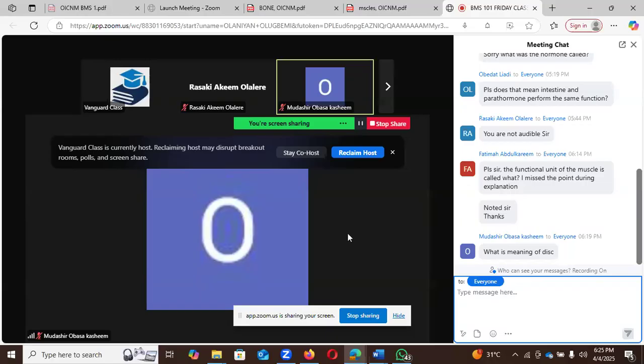Where do you have those minerals? You have them inside the blood. It is either very high or very low in the blood. Where is this stored? Those minerals are stored in the bone. Where is it eliminated? It is eliminated by the kidney.